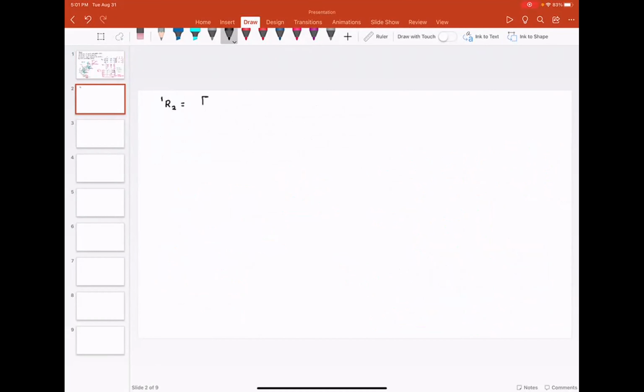To go from frame 1 to frame 2, same drill. The rotation is about z-axis, but it's z1 axis. Do you agree with me? Cosine theta 2, sine theta 2, 0, sine theta 2, cosine theta 2, 0, 0, 0, 1.